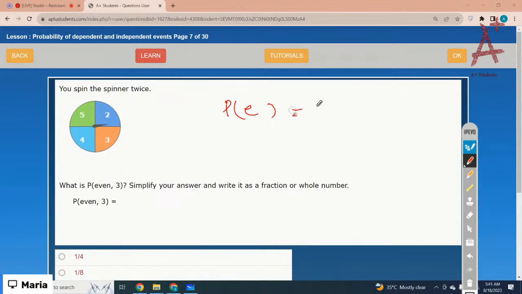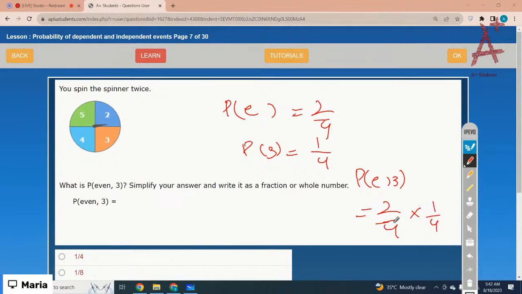So just calculate both the probabilities. That would be 2 over 4 times 1 over 4. It would be 1 over 8. The correct option is 1 over 8, right?